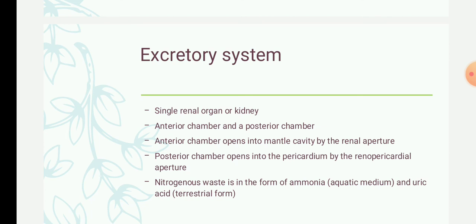The anterior chamber opens into the mantle cavity by a renal aperture, and the posterior renal chamber also opens into the mantle cavity by a renal aperture. It is reddish in color with an oval-like sac. The cavity of the anterior chamber is provided with many lamellae.